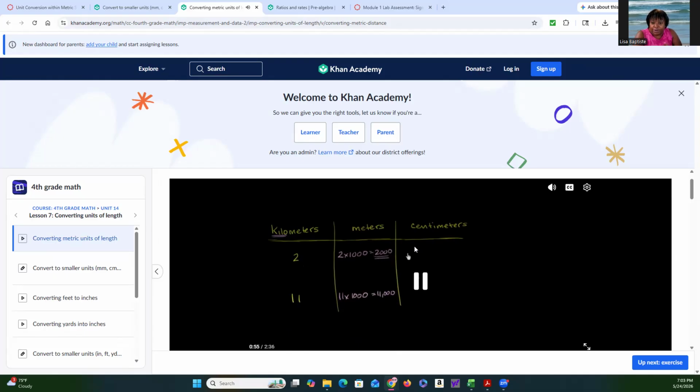If we want to go from meters to centimeters, there are 100 centimeters in 1 meter. And so that's what's being written up here. So 1 meter is 100 centimeters. And so if we start off with 2,000 meters, then we want to convert that to centimeters.